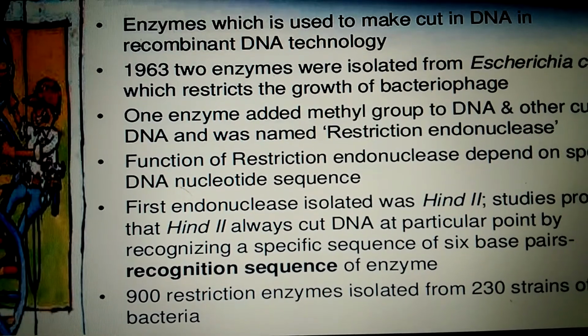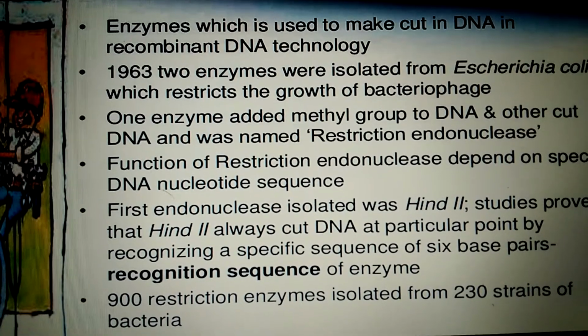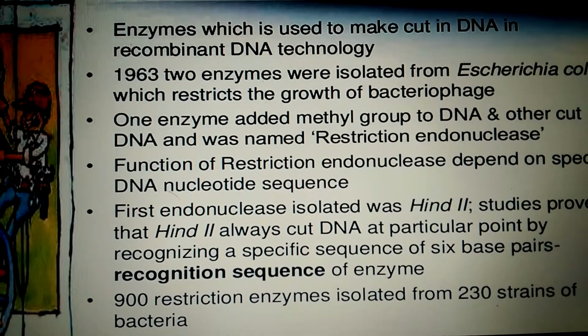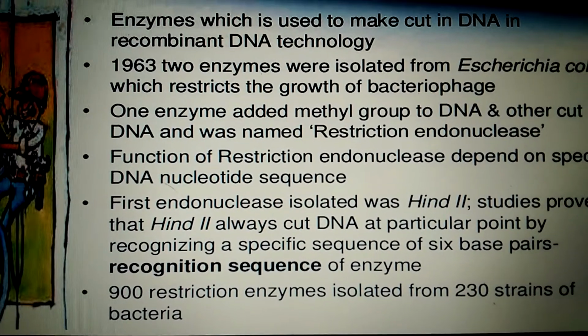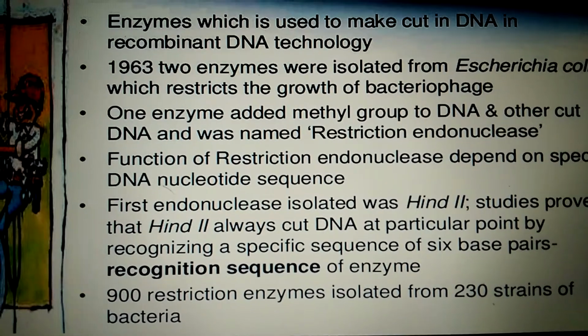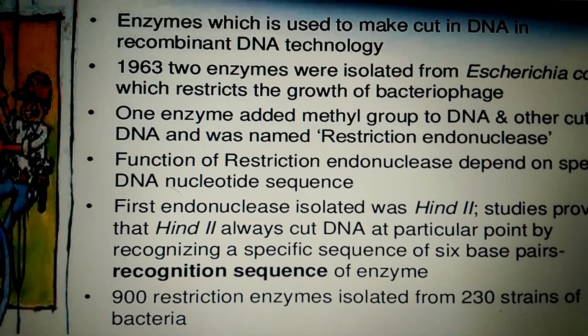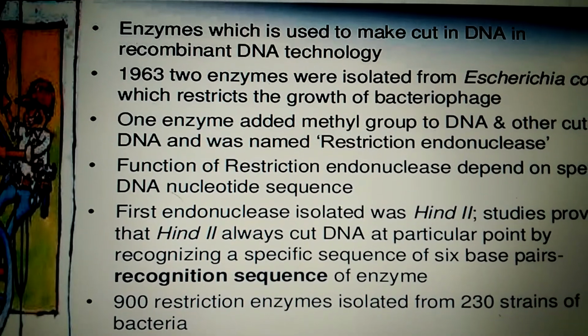There are 900 restriction enzymes that have been isolated from 230 strains of bacteria. Now we can say that from 230 strains of different bacteria, we have isolated approximately 900 restriction enzymes till now.